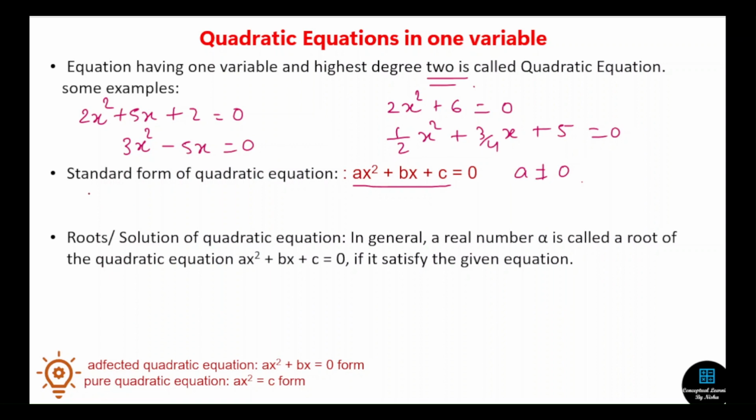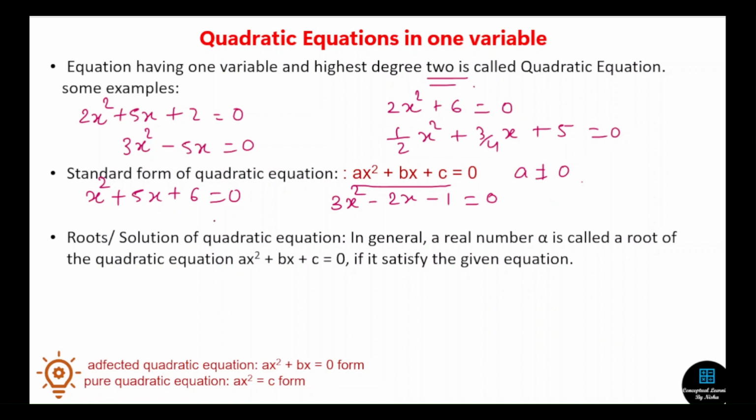So any equation which is, let's say, x² + 5x + 6 = 0, this is the standard form. Also if I say 3x² − 2x − 1 = 0, this is also a quadratic equation in standard form.